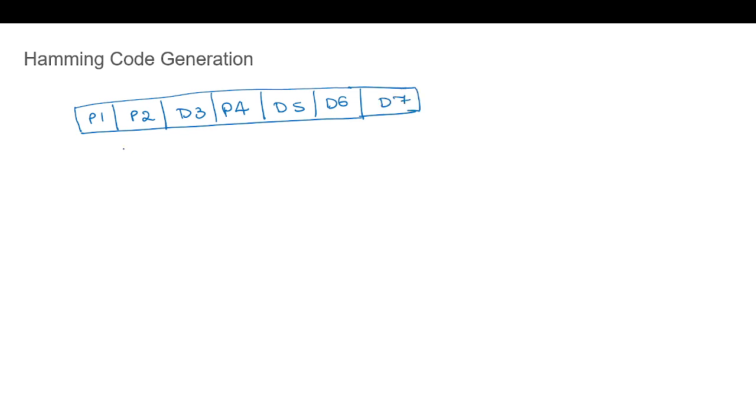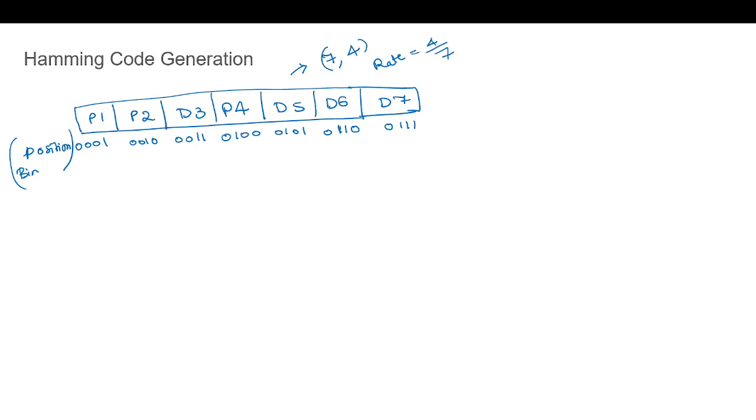Now the positional values will be 0001, 0010, 0011, 0100, 0101, 0110, 0111. So these are the binary coded positions. Here the total number of bits is 7, and we use 4 data bits plus 3 parity bits. So the rate of useful information is 4 upon 7.